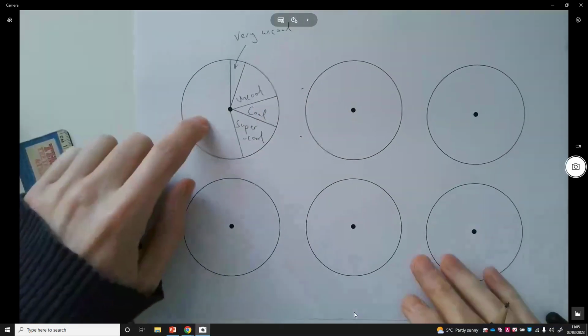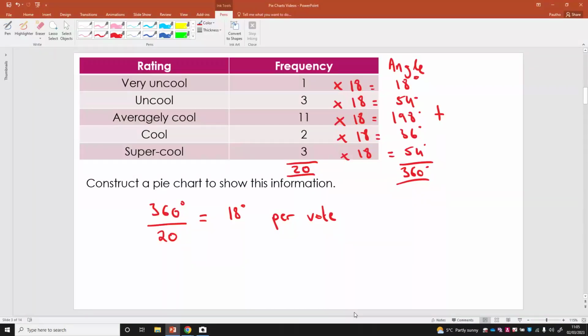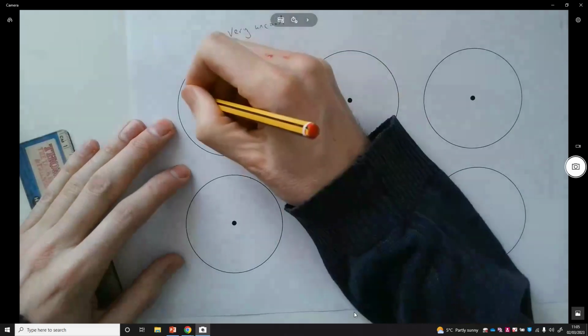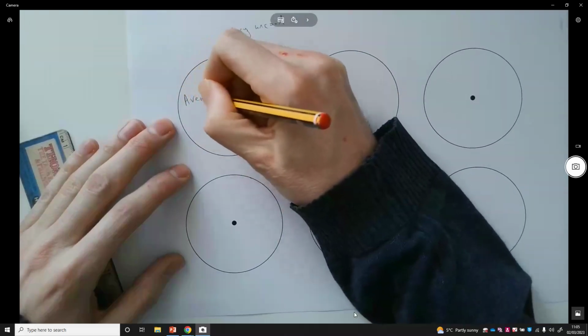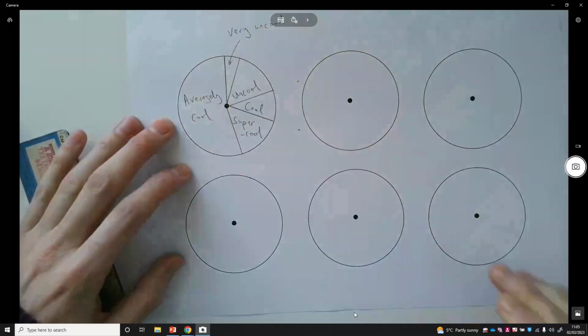And all this remaining part of the pie chart, remember, this will be the one we didn't draw, the reflex angle, which was averagely cool. All right, so this one here, averagely cool.